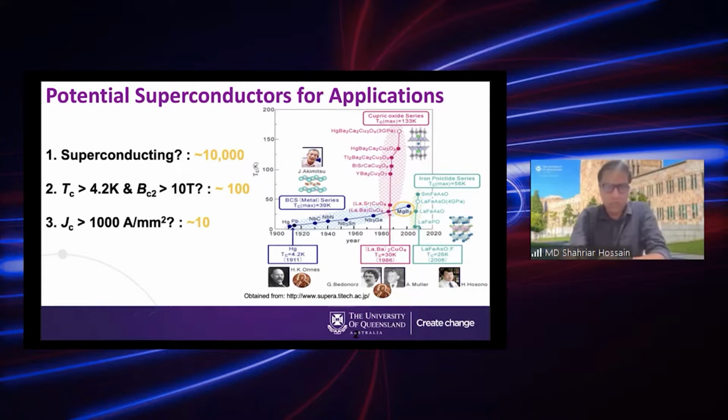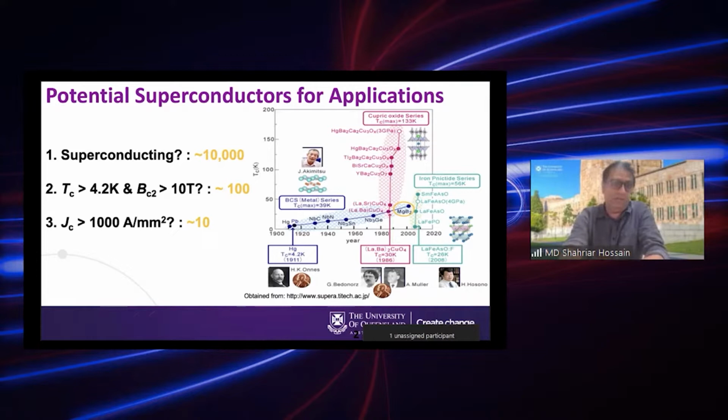I think you all know that many superconducting materials have been discovered, more than 10,000 if you look at the periodic table. But if you filter in terms of the properties for application, the number is quite small. Tc more than 4.2K and Bc2 more than 10 Tesla leaves only around 100.